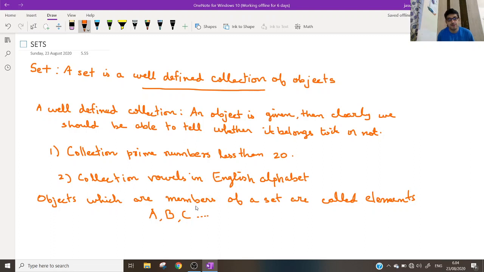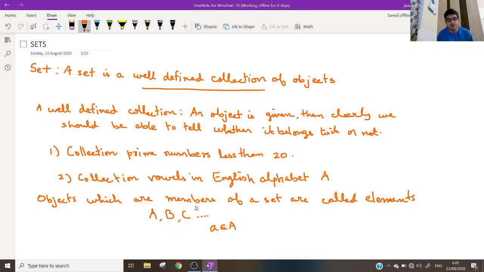Suppose the collection of vowels is denoted as A. Since small letter a is a vowel, it is an element of this set A, and that is denoted as a ∈ A. Here the capital A is the set of vowels in the English alphabet.